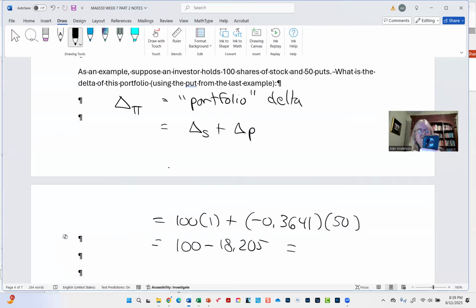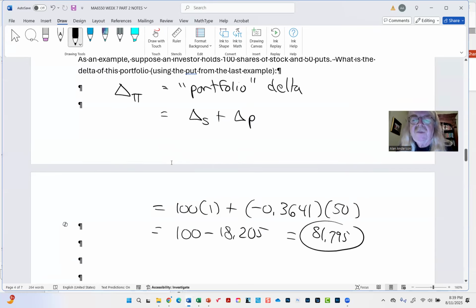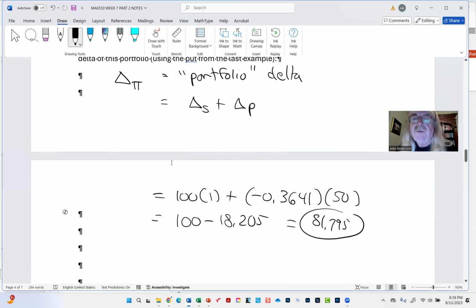Oops, hold on a second. It's 81.795. Now, that's a pretty big delta, but it's better than it would have been without those puts. In other words, because you have so many shares of stock, if the price of the stock goes up by $1 without any options in your portfolio, the position would go up by $100 because you have 100 shares.